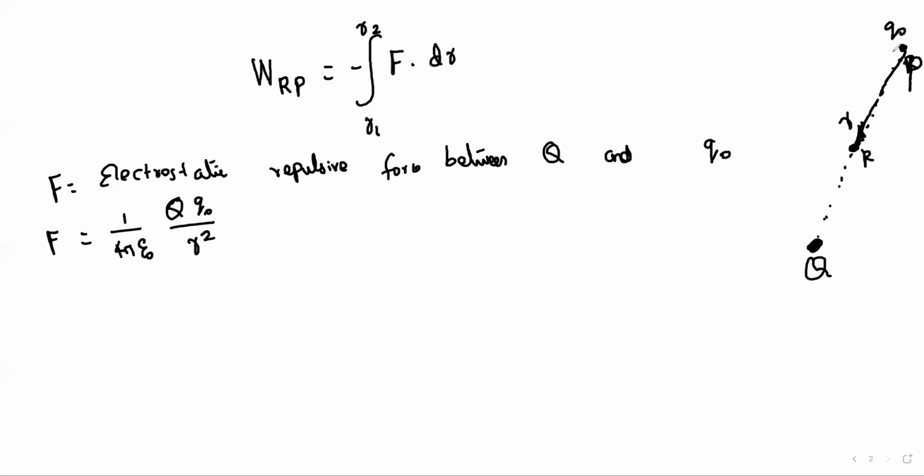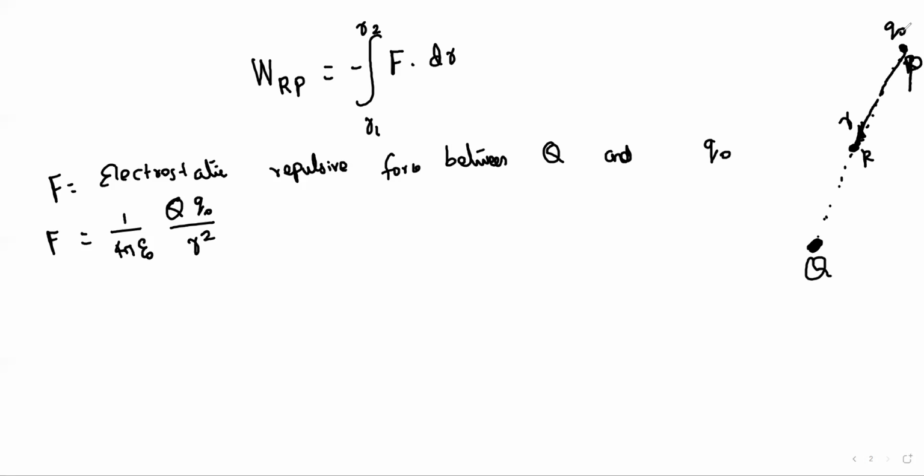Now assume that if it wants to stay at P, does it need an energy or not? If it just wants to stay at P, does it need any energy or not? Yes, because it repels.